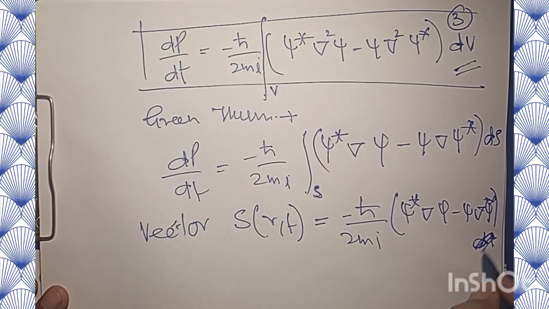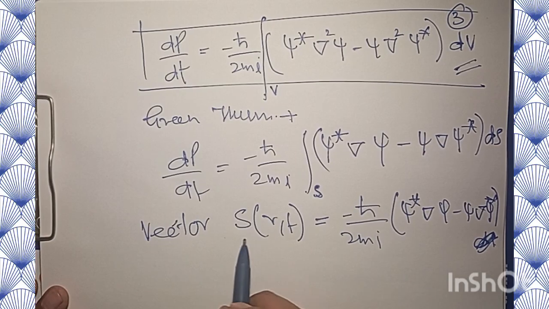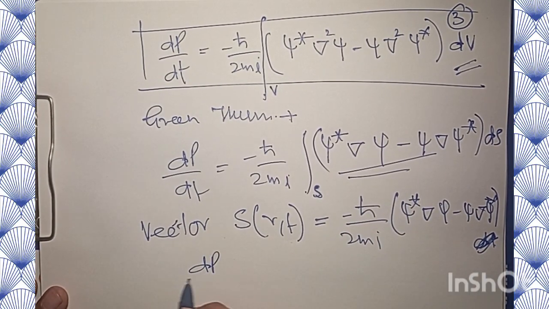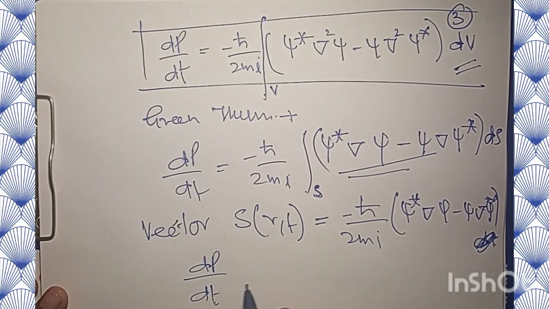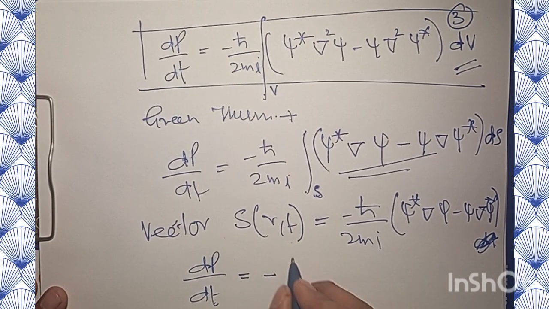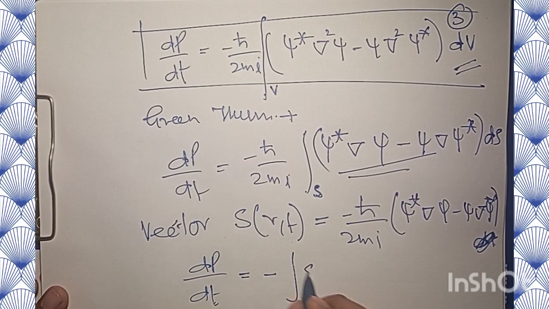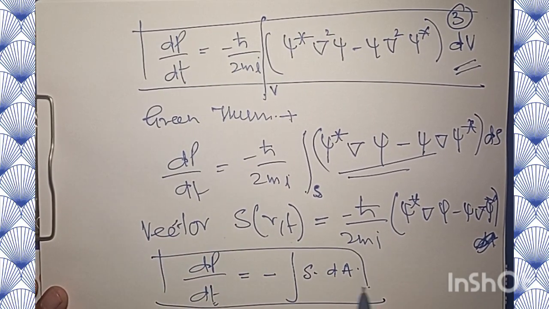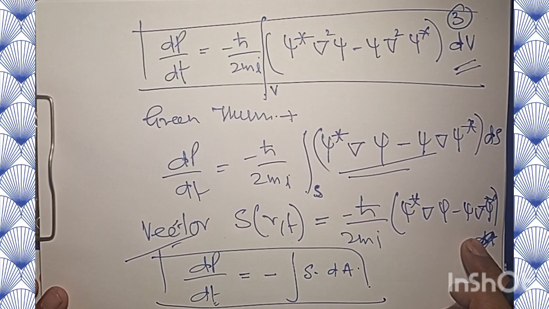Oh, sorry, there's no dS. I will be using this S(r,t) in this integral. So dP/dt, the rate of change of the probabilities linked with the wave packets that we have, can be written as minus the integral of S·dA, where S is the vector defined by this quantity on the right hand side.